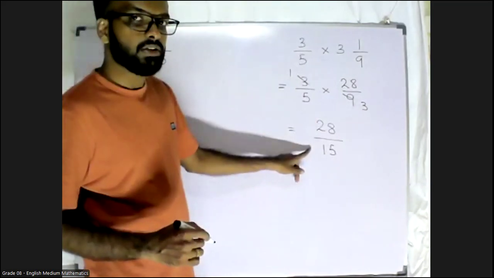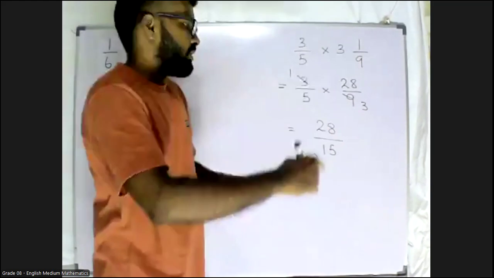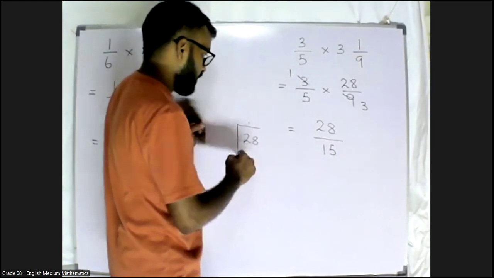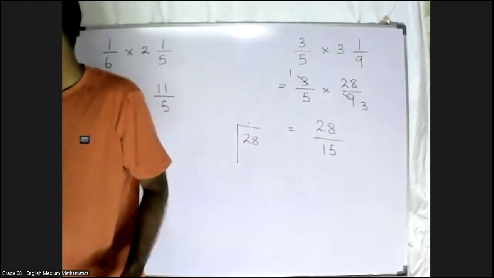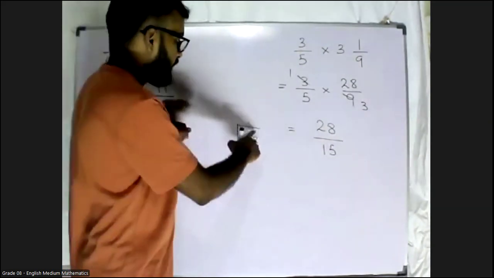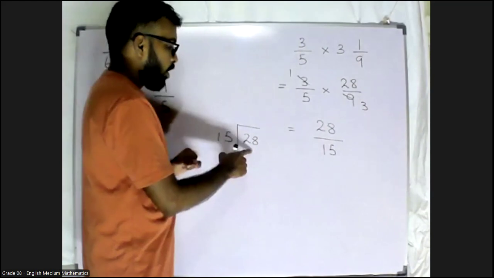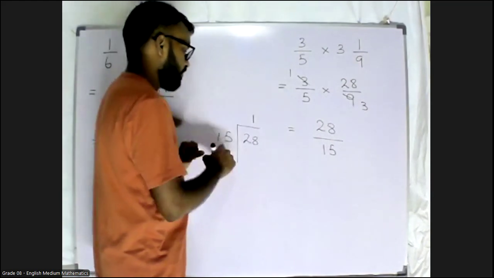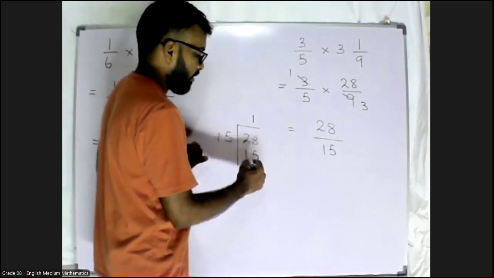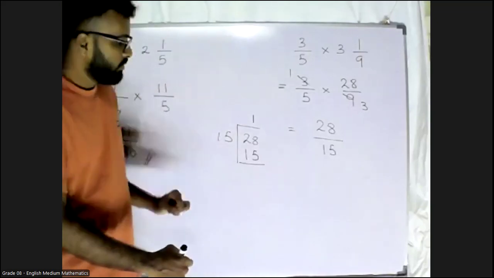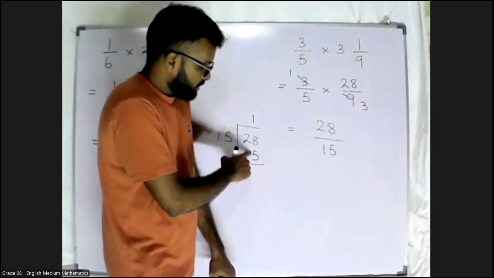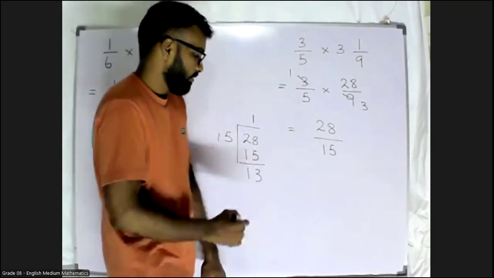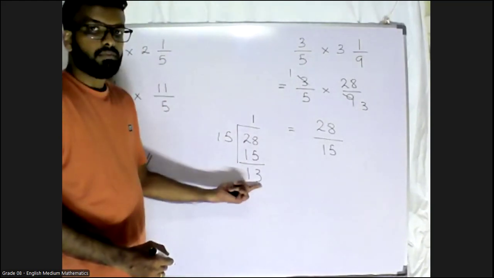Now this is an improper fraction. We are going to convert it into a mixed number. How do you convert it? Here you have 28 divided by 15. How many 15s are there for 28? 1. 15 times 1, 15. Now the subtraction. 8 minus 5, 3. 2 minus 1, 1. So 13 is the remainder.